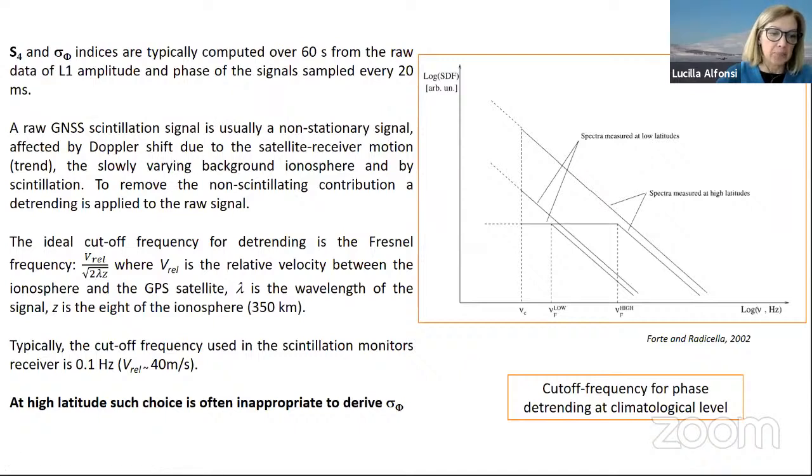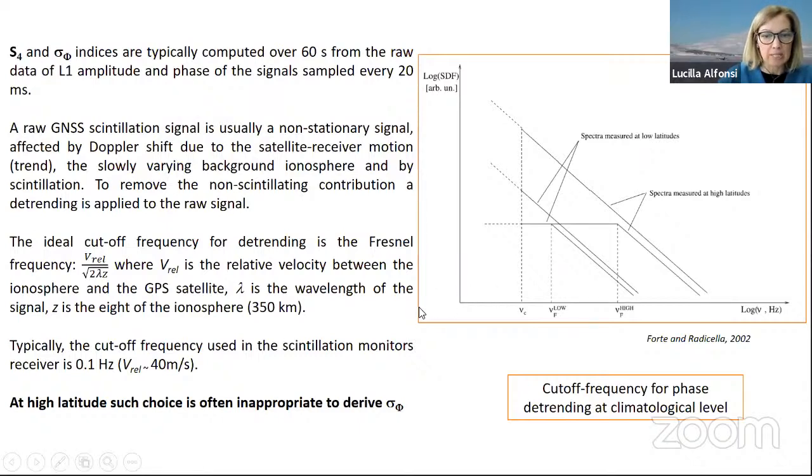And you can see that the other line is straight and does not show two slopes as in this case. This is representative of the amplitude of the signal. This is representative of the phase of the signal in case of scintillation.